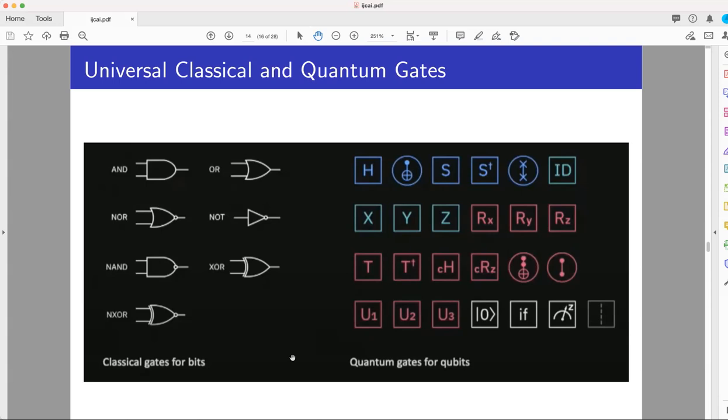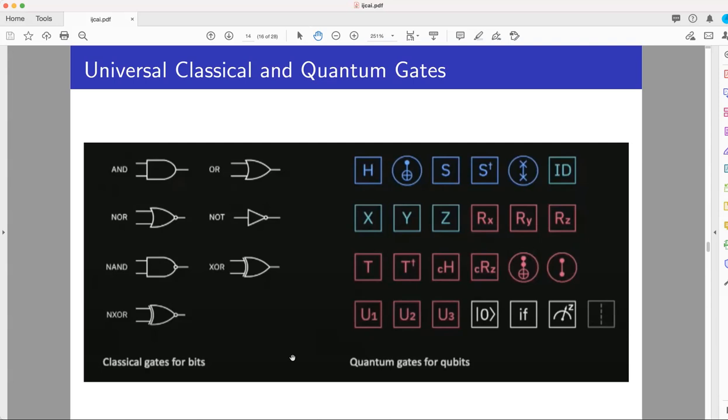If you use these basic gates, you can set up any kind of target function. That's why we call it universal, because any target function, smooth and non-smooth, continuous functions, goes back to the combination of the 7 basic classical gates for a classical computer.